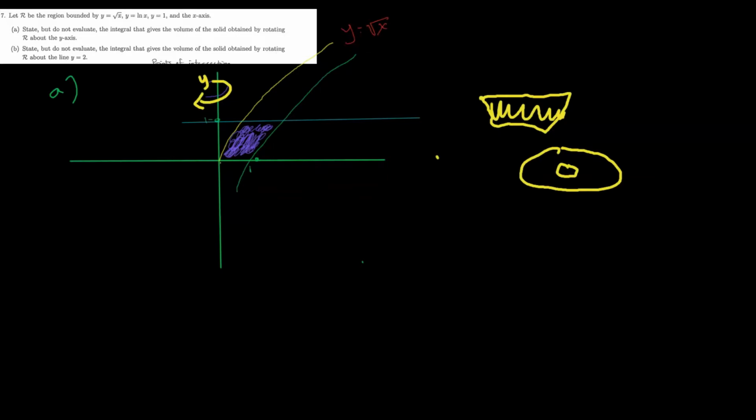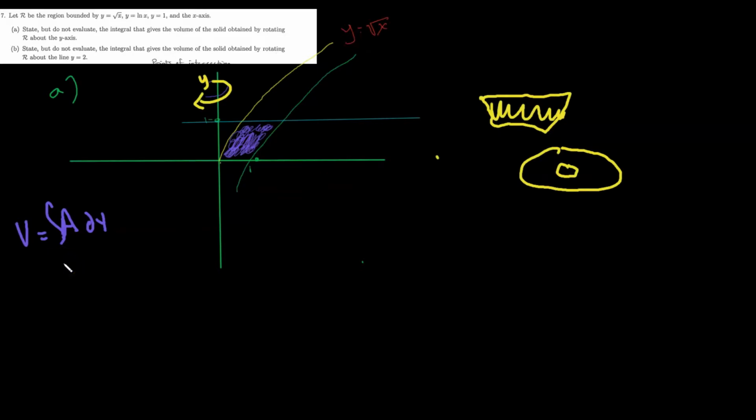So we got two different radii here. We would need to find each radius and then set up the integral. It's asking for the volume of the solid, so the formula for this would be a dy integral from whatever your bounds are.